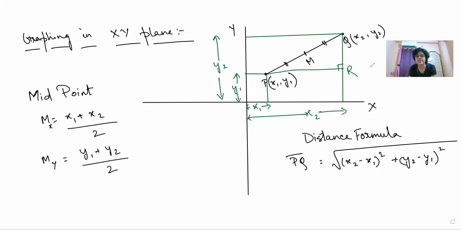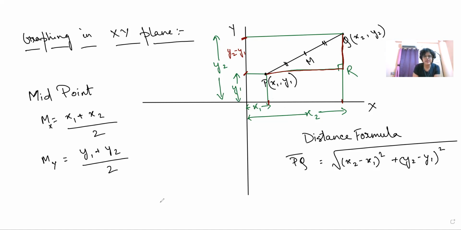Now, if we find out just this portion, that is equal to y2 minus y1. So QR is equal to y2 minus y1. And similarly, PR is equal to x2 minus x1.